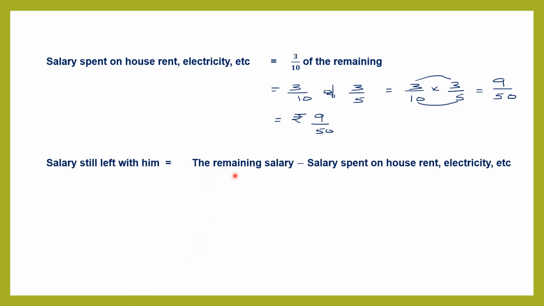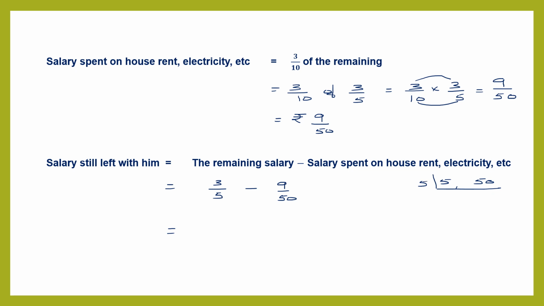Now we can find the salary that is still left with him. That will be the remaining salary minus the salary spent on house rent, electricity, etc. So the remaining salary we found out to be 3/5 and the salary spent on house rent, etc. we just found out is 9/50. So now we have to subtract these two. Let's find the LCM of 5 and 50. So let's do that.